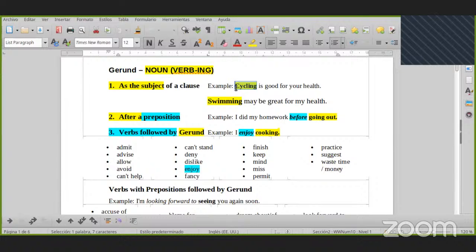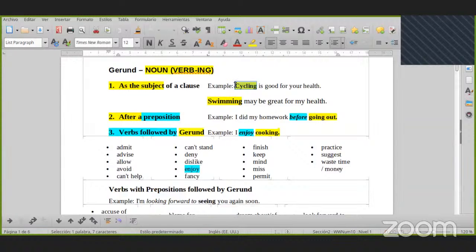We don't have you, he, she, it, or maybe a name. We have a verb, an action. So we are describing that action. When we want to describe an action, we always use the gerund. The gerund, we said, is the verb with ing.